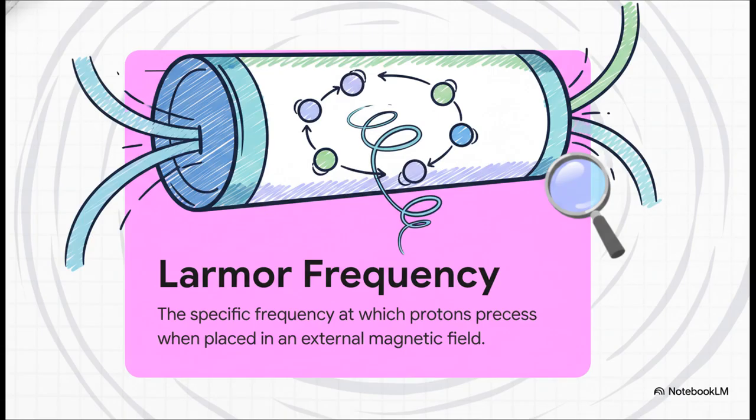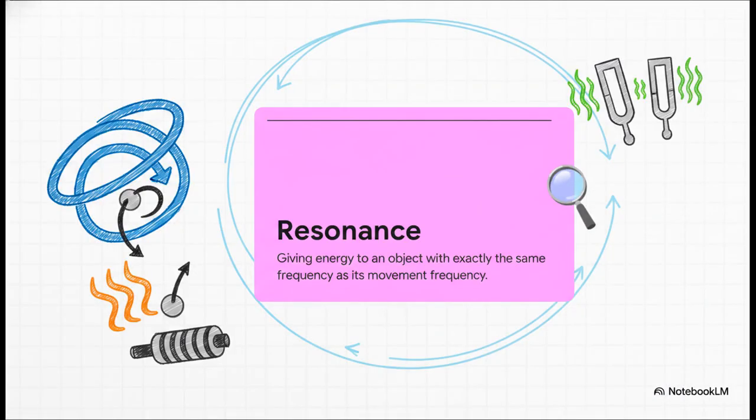And listen up, because for your exam, you absolutely must know that the speed of this wobble is called the Larmor frequency. To give you some real-world context, in a standard 1.5 Tesla clinical scanner, this frequency sits right at about 63.87 megahertz. So here's the crucial part. To get a readable signal, we have to forcefully push these protons out of their comfortable little alignment. And we do this by sending in our radio frequency pulse.